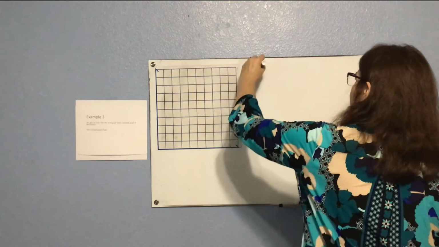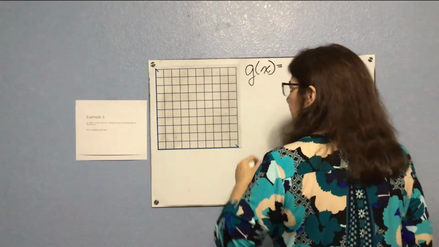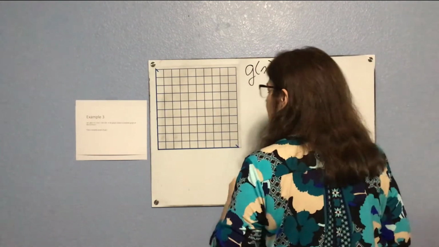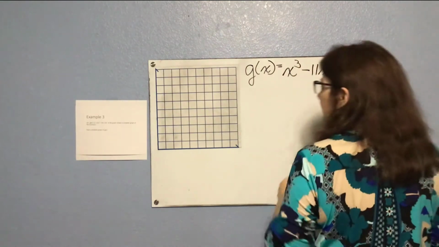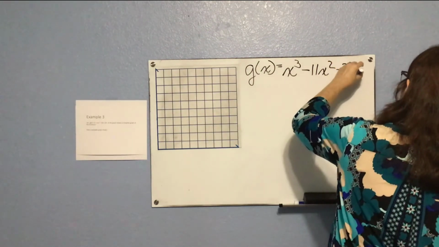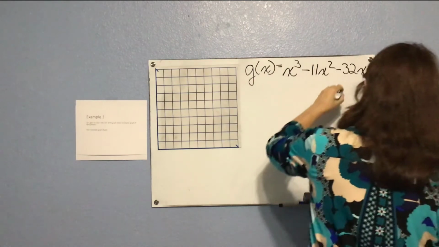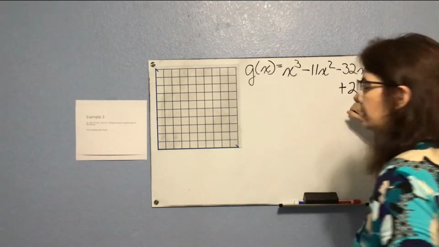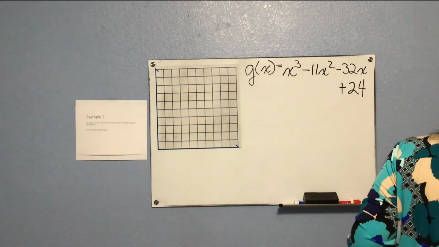So I'm going to have a function g of x equals x cubed minus 11x squared minus 32x plus 24. And we're not going to actually graph this, but I'm going to show you a picture.